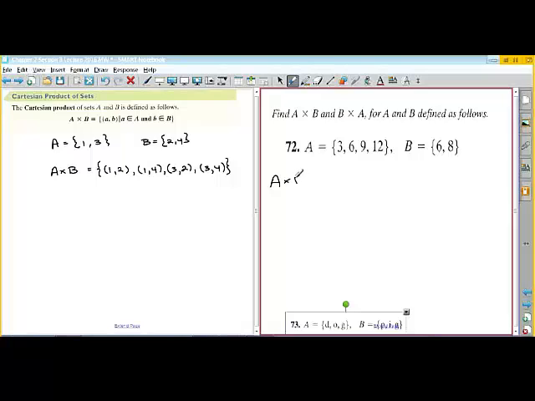So A cross B is a set. We take the first number in the pair to be either 3, 6, 9, or 12, and the second number to be either 6 or 8. So we'll take the first number here, 3, and do the 2 numbers in the second set. So that's 2 out of 8. Then we change to the next number, 6, and then we take that second number and we do it twice.